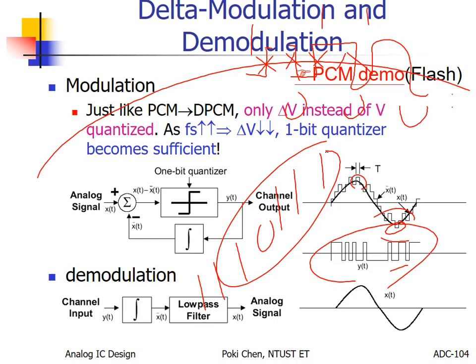Got it? That is the idea for delta modulation, and I explained already. If the sampling frequency is high enough, then 1 bit is good enough. More than good enough. Wow, only 1 bit.